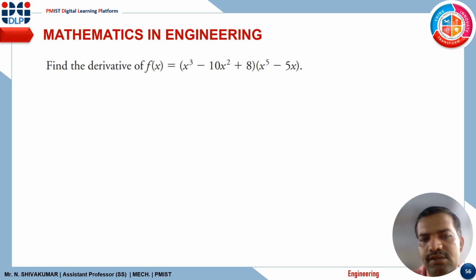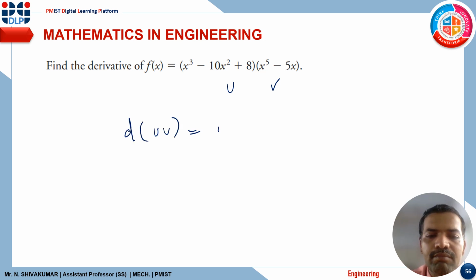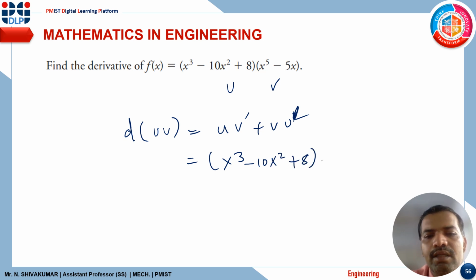So this is another slightly trickier one. Either you can approach this problem with the UV method. What is the UV method? UV, you have to differentiate. It becomes UV dash plus V U dash. Okay. So first keep U as it is, x cube minus 10x square plus 8, into V dash.